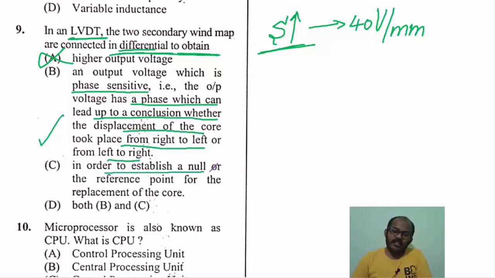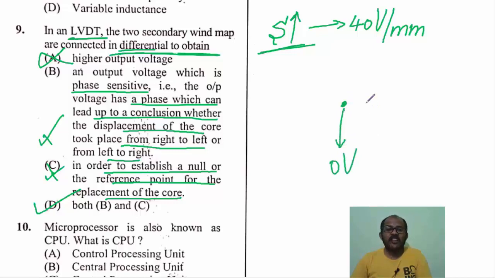In order to establish a null or the reference point for the displacement of the core, this option is also correct, nothing but option B and C is going to follow. Say suppose at the reference or origin, if the core is lying over here, then the output will be 0 volts. If there is a slight displacement towards right, you will get a positive value. If you displace towards left, the value will be negative.